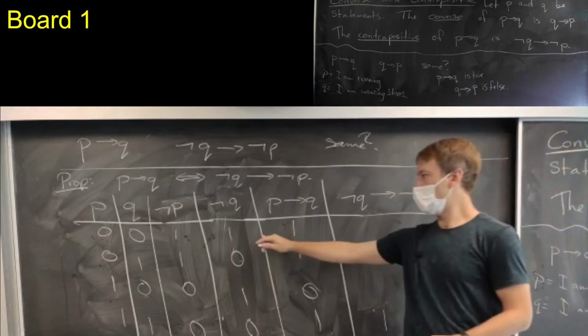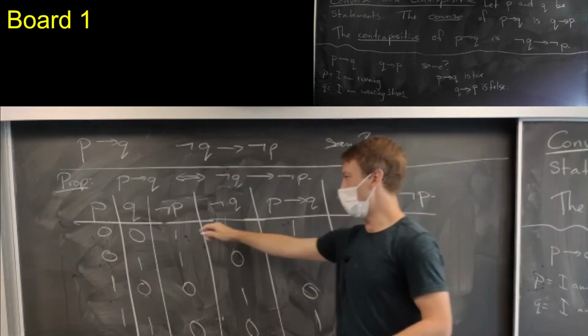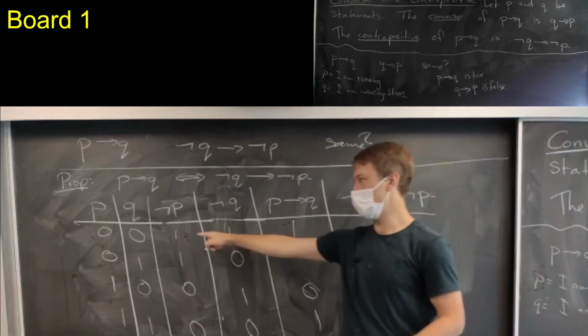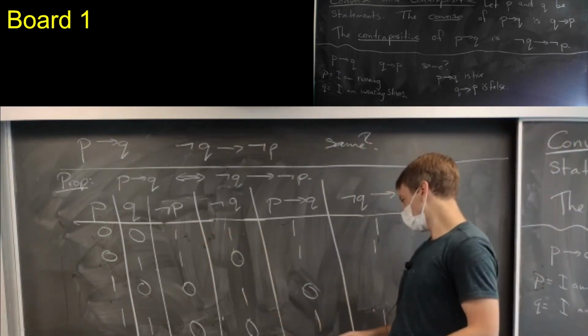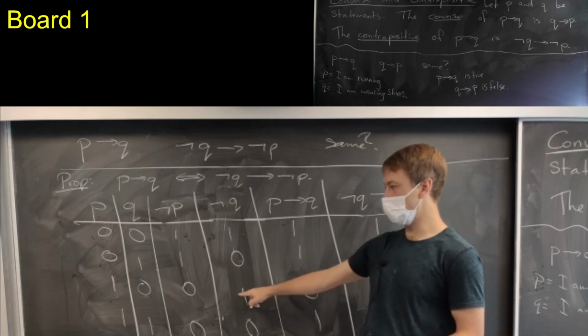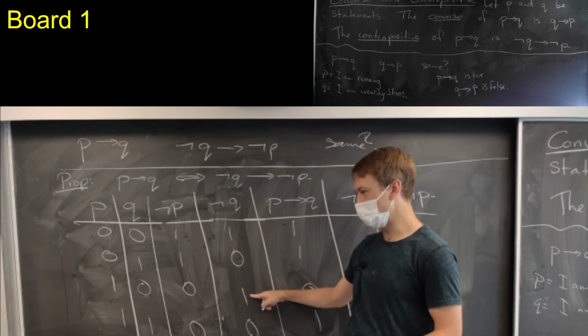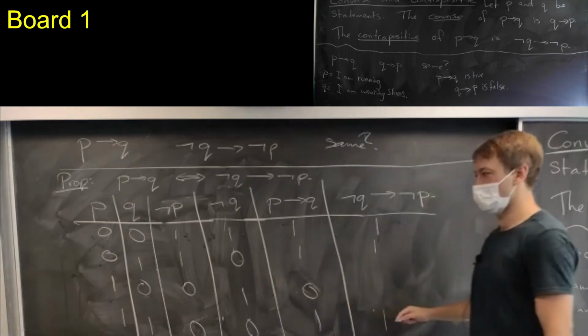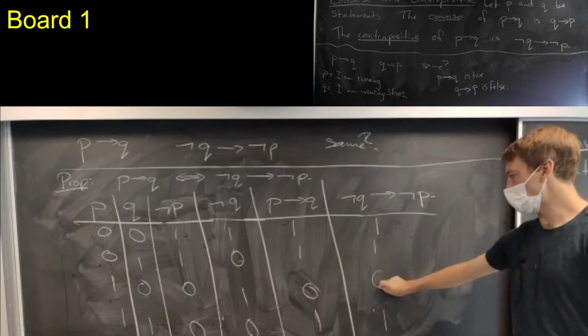This one's a 1 because not Q is true and not P is true. This one is false because, sorry, not Q is true, not P is false. True can't imply false, so that's a 0.